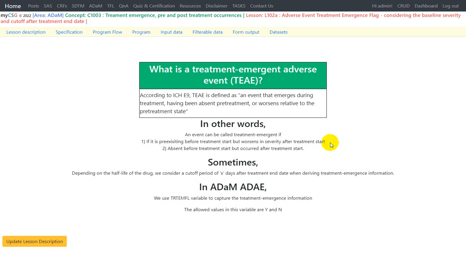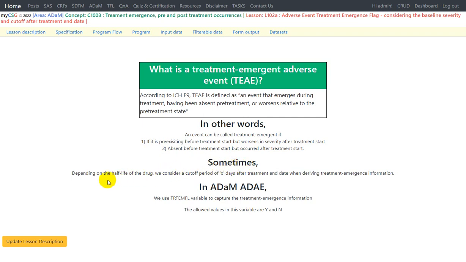If it is occurring after treatment start at the same severity and does not worsen, we do not call it treatment emergent. And the second thing is the event could have been absent before treatment start but occurred after treatment start. We call those events treatment emergent adverse events.